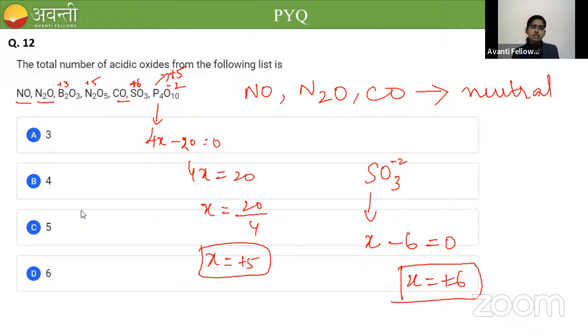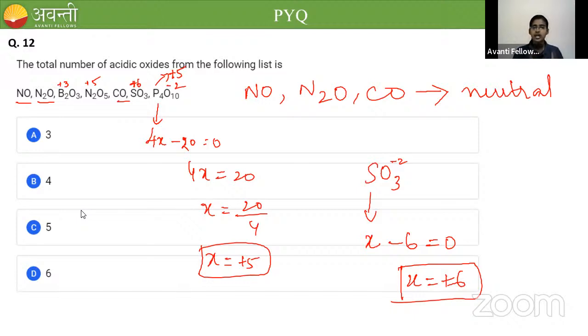Boron's valence electrons are 3, and it has lost all those 3 electrons. That's why it is in +3 oxidation state. The same case with nitrogen and phosphorus, whose valence electrons are 5. Both of them have lost them. Sulfur's valence electrons are 6. Sulfur belongs to the oxygen group, right? Oxygen group elements have 6 valence electrons, and sulfur also lost all 6. So they are present in the highest oxidation state in all these 4 compounds.